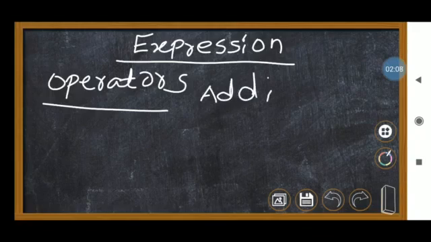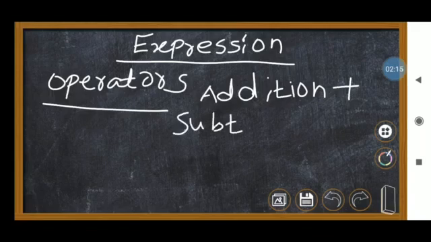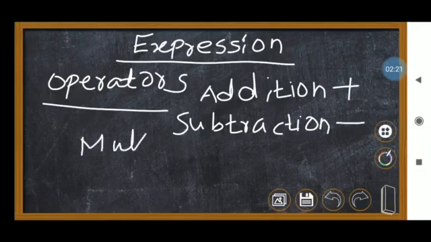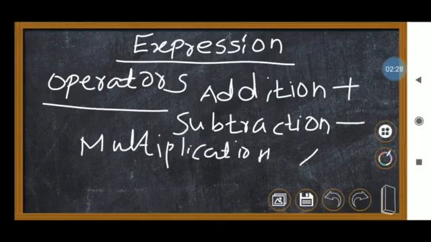Addition is one operator, which we mention as plus. Subtraction we mention as minus. Then multiplication, which we put as a cross symbol, and division, which is called divide.